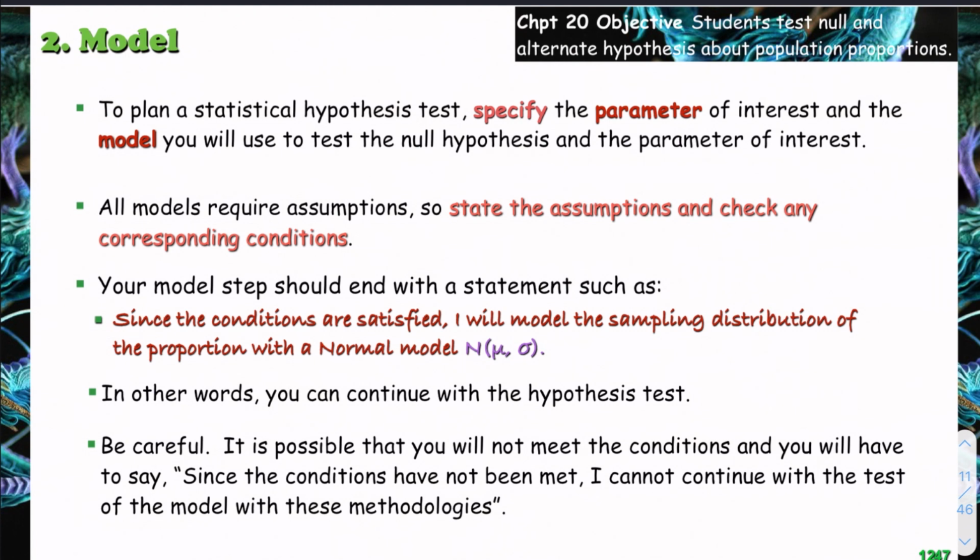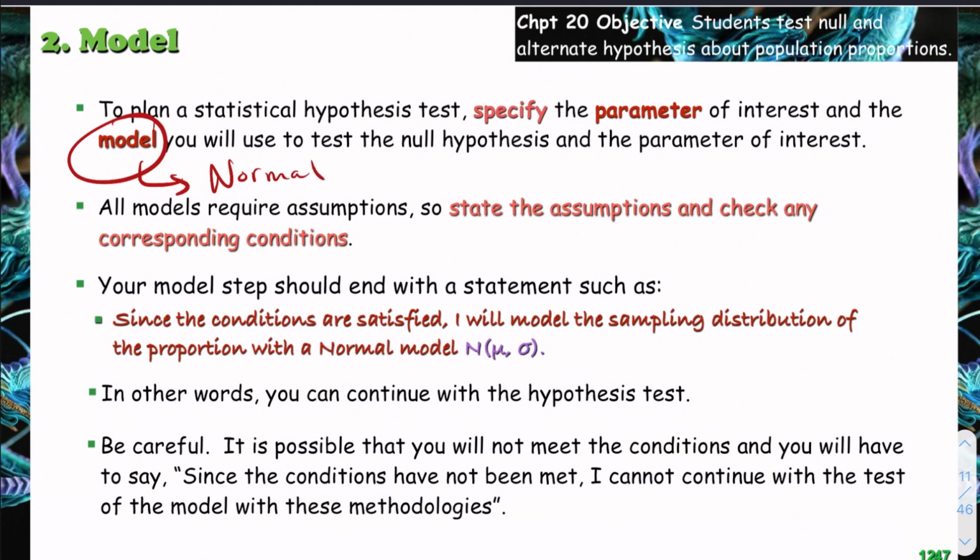The next thing after we come up with our hypothesis is to actually develop the model that we are going to be using. Now I want you to think about proportions. So to plan a statistical hypothesis test, we are going to specify the parameter of interest, that's our P, and the model you will use to test the null hypothesis and parameter. Now when we're talking about model, we basically know only one, which is the normal model.